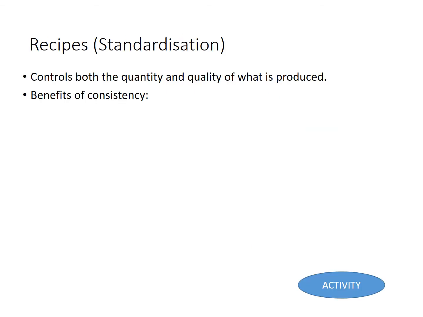So, when we're thinking about food, really we're thinking about the menu and what goes into the menu. But in order to look at the pricing strategies, we really need to look at costings.